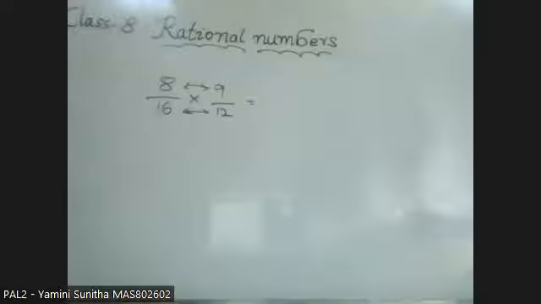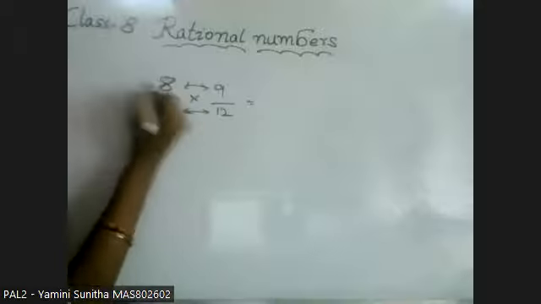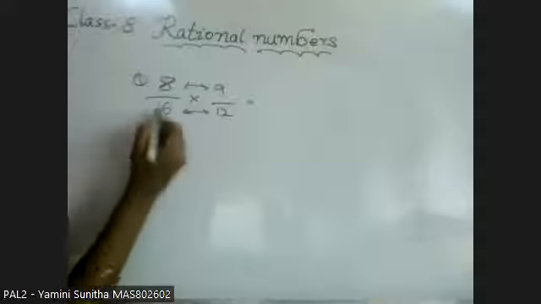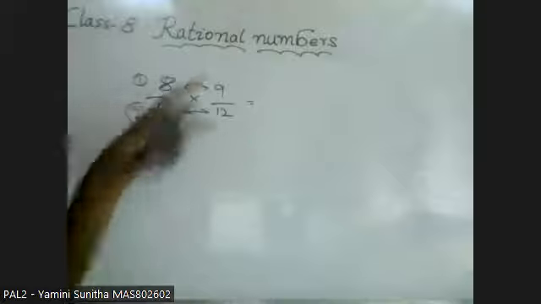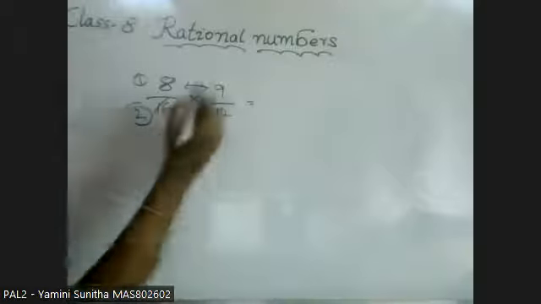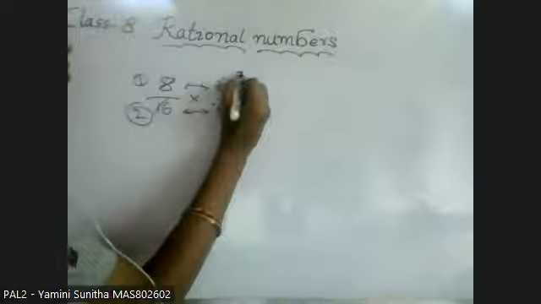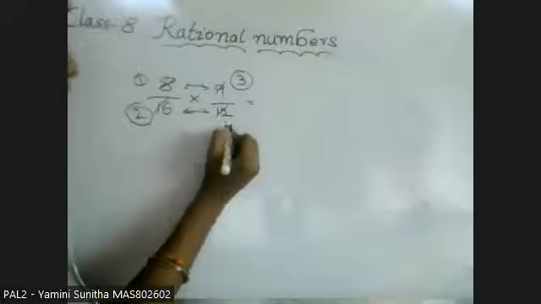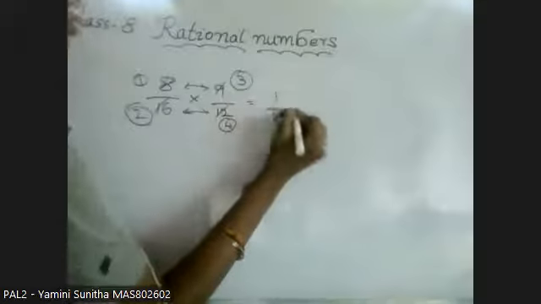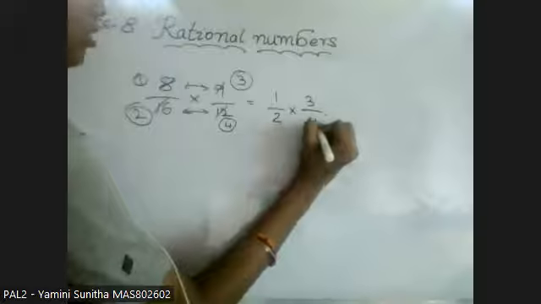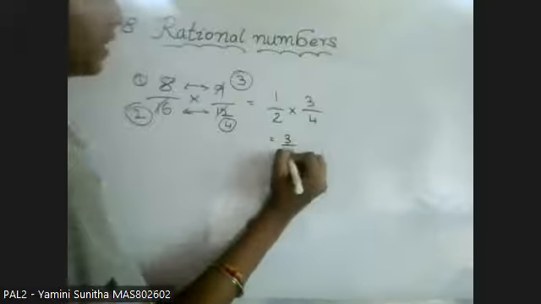In case these are multiples, we can cancel them. 8 times 1, 8 times 2. And these both are multiples of 3, so 3 times 3, 3 times 4. In simplest form, 1 by 2 into 3 by 4. The result is 3 by 8.